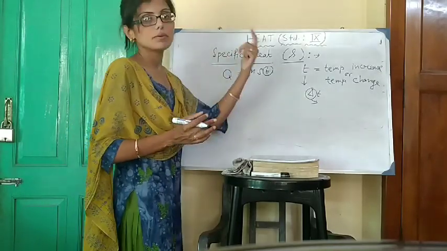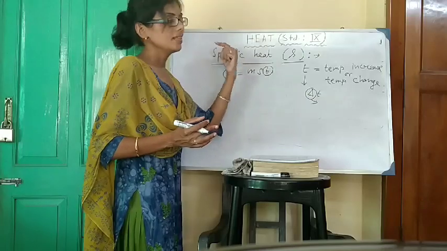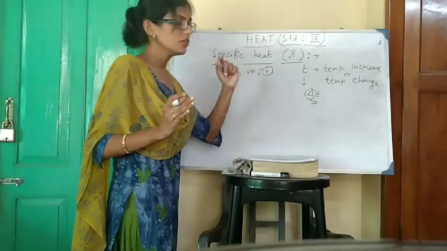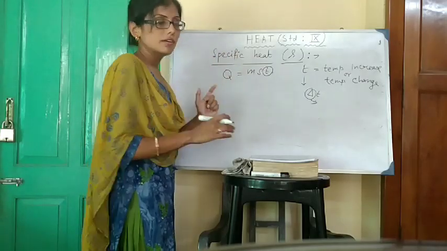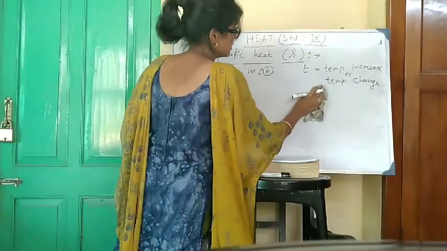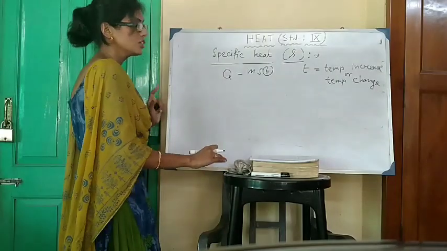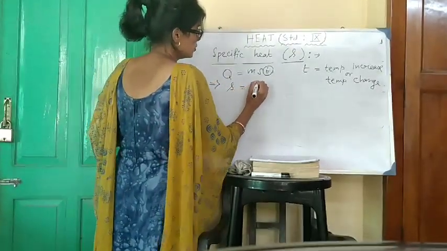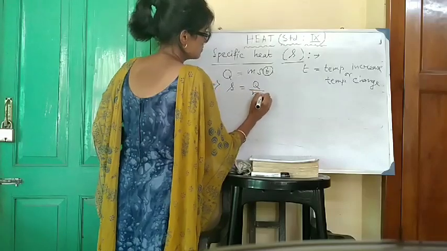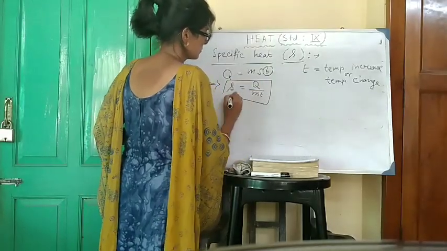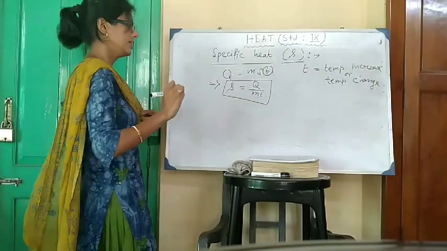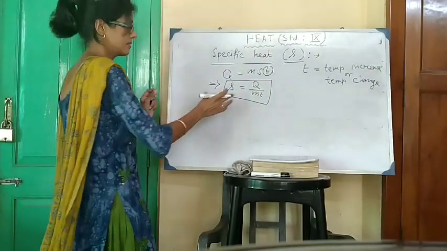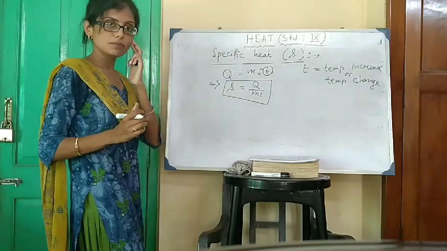It may be mass, it may be time, it may be length. Delta means the change in temperature or change in any physical quantity. So T is the temperature increase or temperature change of the body, which implies s is equal to Q divided by mT. This is the relation between specific heat and the total amount of heat of the body, the mathematical representation of specific heat.